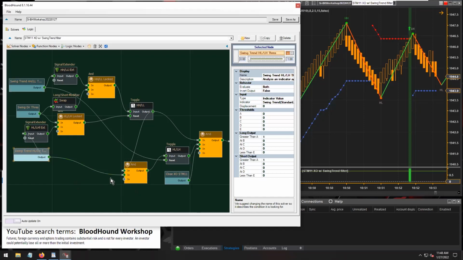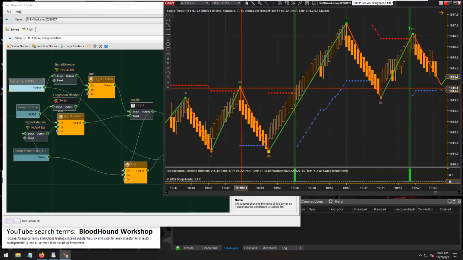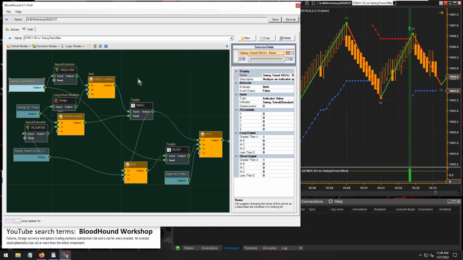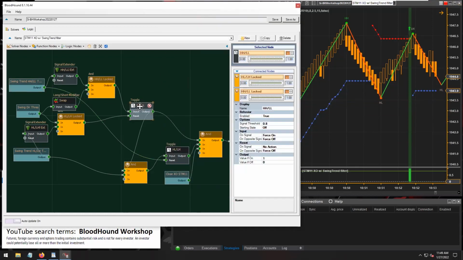All right, so to summarize, this market trend direction that we built, we're using threshold solvers to identify these swing points here, and then putting them into a toggle node. I'm sorry, we're waiting for the higher highs and lower lows, or let's just pick one of these.